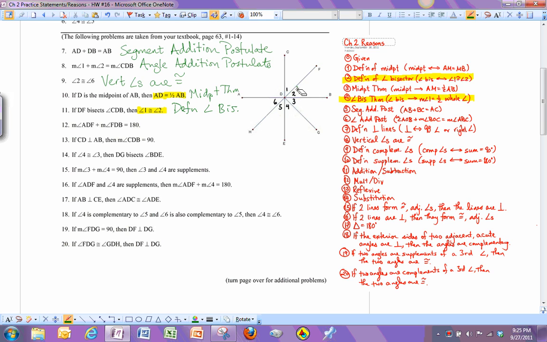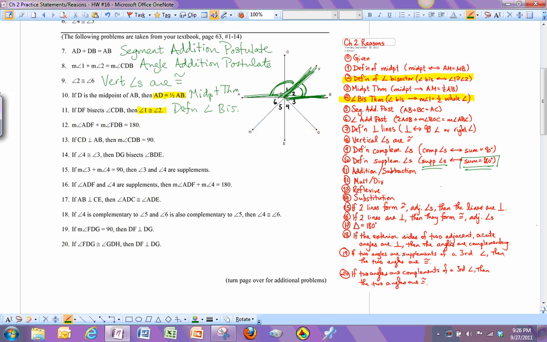Okay, let's look at the next one. Angle ADF, this angle here, plus angle FDB, this angle here, sum to 180. Now, some people want to say definition of supplementary because that has a sum of 180 in it. But you can only do that if you know they're supplementary first, or if you say sum equals 180, so the angles are supplementary.